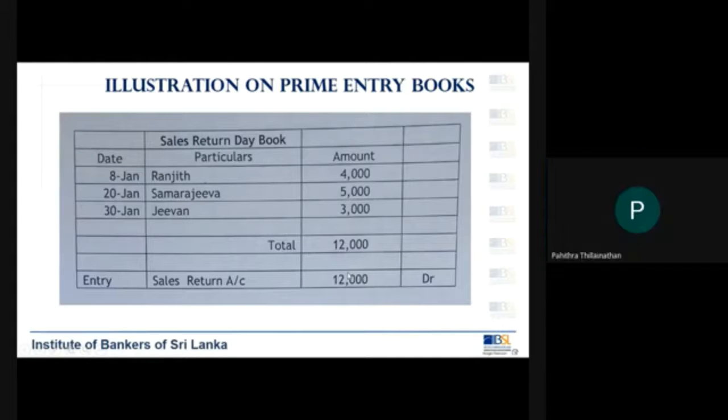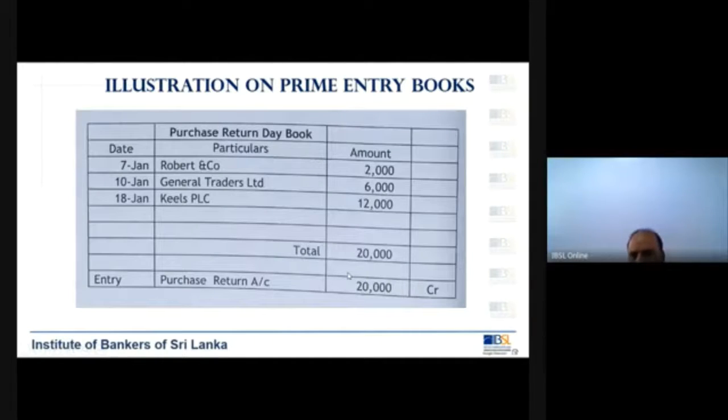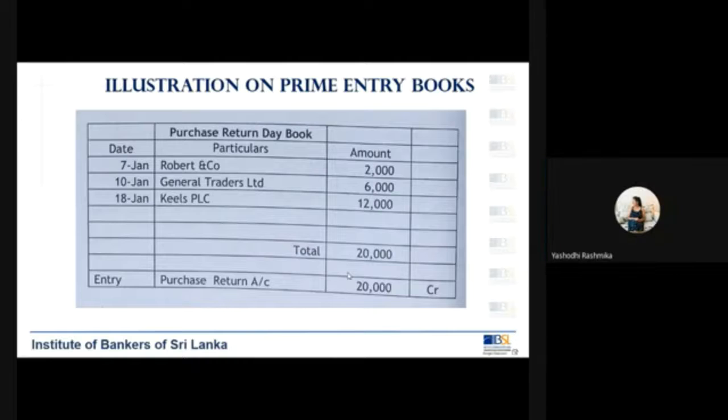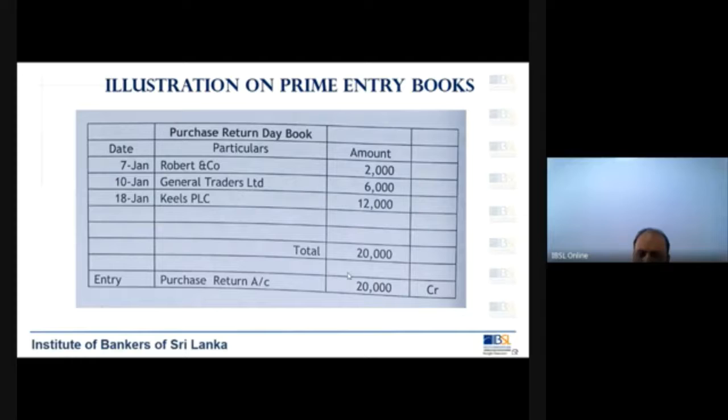Okay. Similarly, when you go to the purchases return day book, what is the double entry? Creditors account debit, purchases return account credit. So similar to the sales return, we don't go and credit the purchases account.